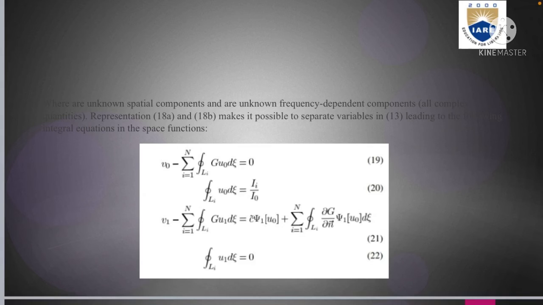Where the unknowns are spectral components and frequency-dependent components, all complex quantities. Representations 18a and 18b make it possible to separate variables in 13, leading to the following integral equations in the space functions.